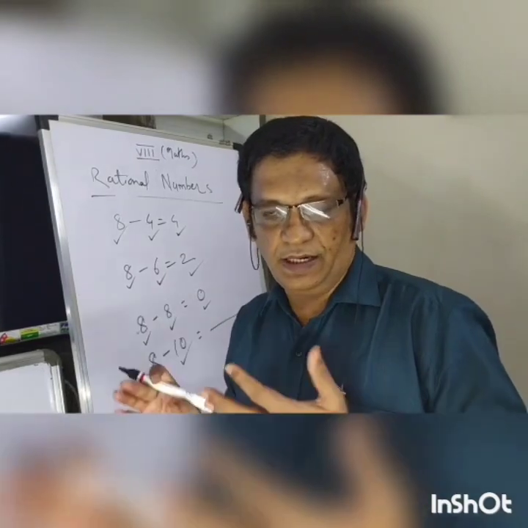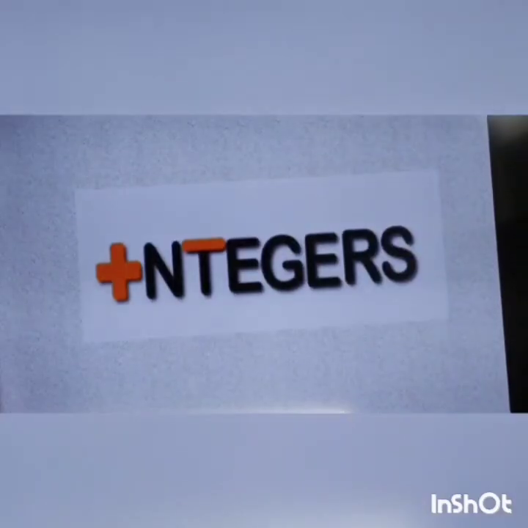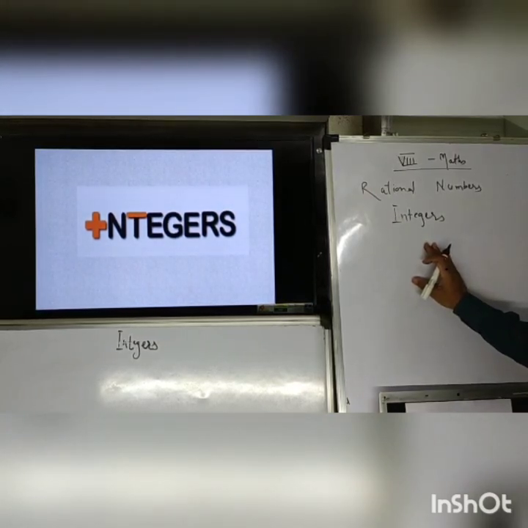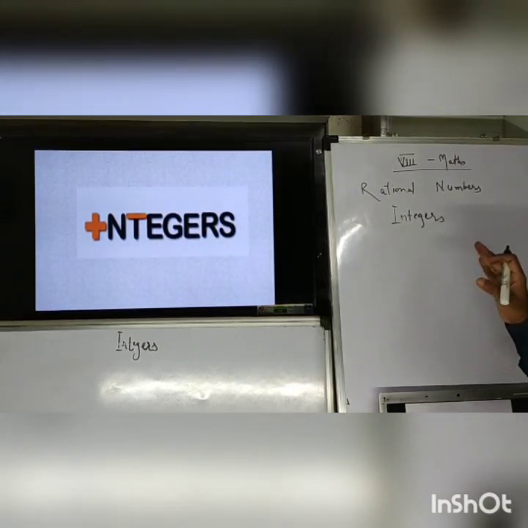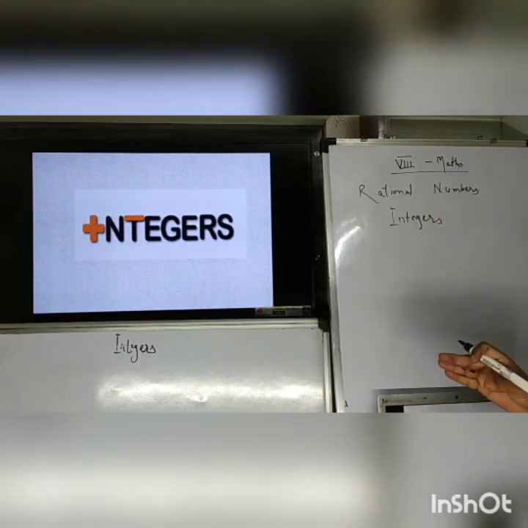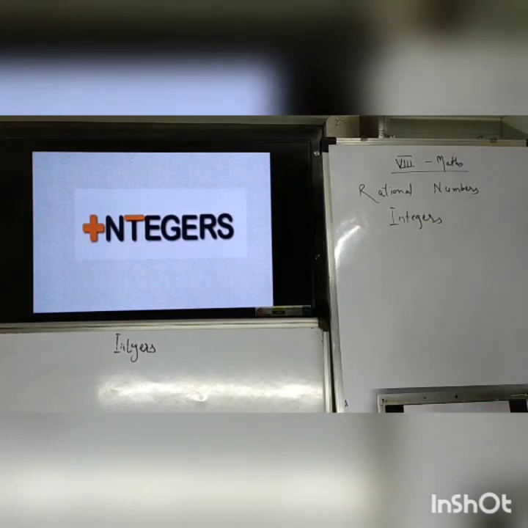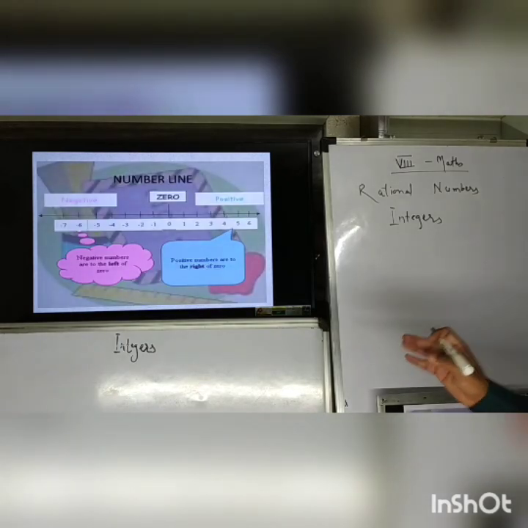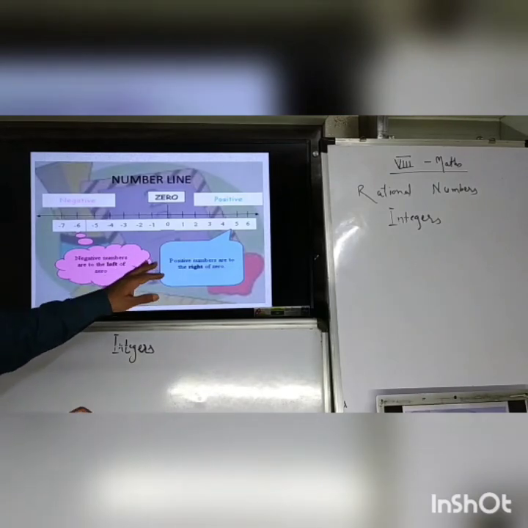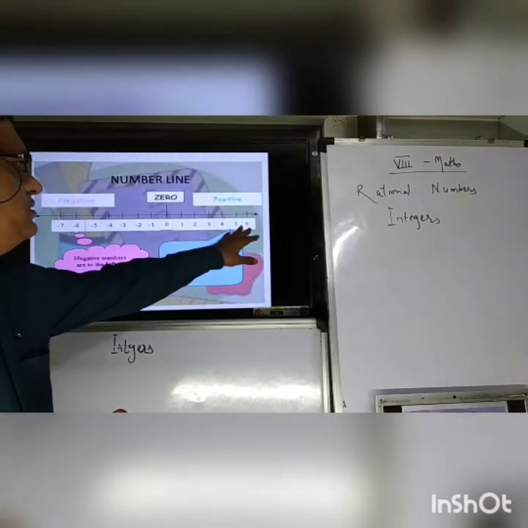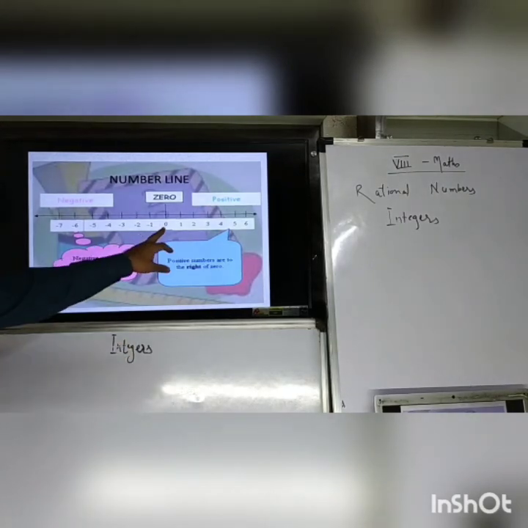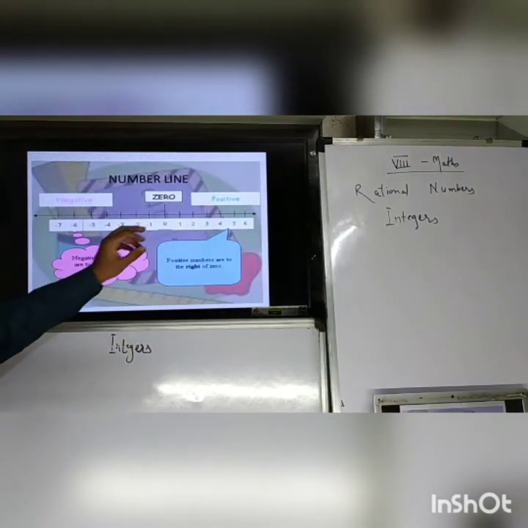And let us see the integers. You know that natural numbers and whole numbers are not closed with respect to subtraction. So we study the new numbers called integers. First of all, on the number line, let us see what the integers are. Integers consist of the natural numbers, which are the positive integers. 0 is neither positive nor negative.